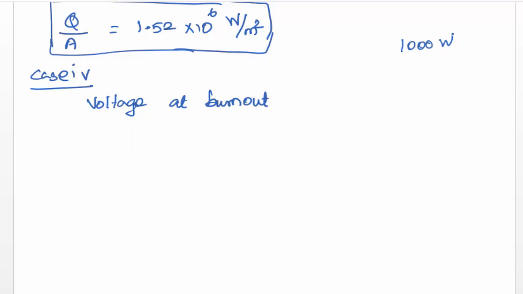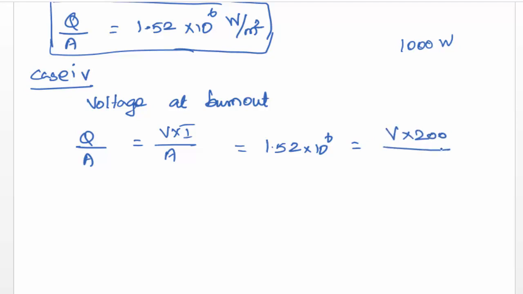So at the burnout point, the heat flux value is 1.52 into 10 to the power 6. So Q by A equals, you know that the Q value is nothing but V into I, divided by A. So Q by A equals V into I divided by A. Now this Q by A value is 1.52 into 10 to the power 6, which is equal to, the current value is given in the problem itself, so it is 200 amps, divided by the area value you have to substitute.